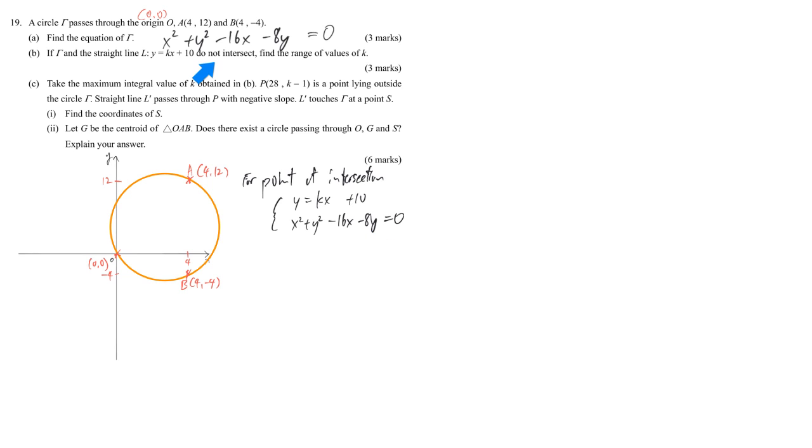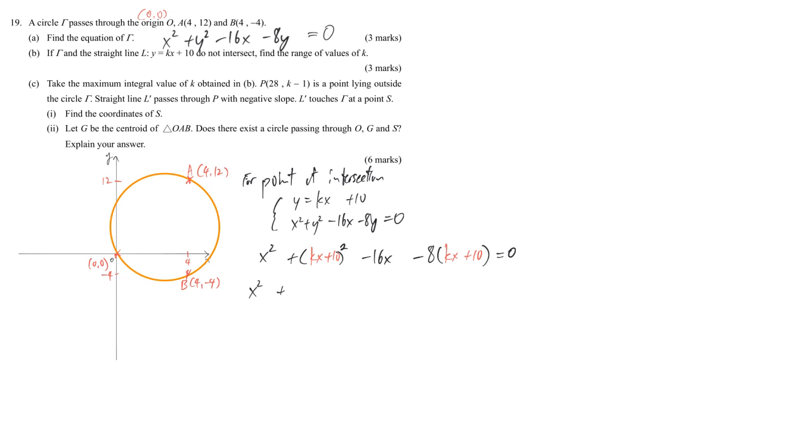And we are going to use the fact that it does not intersect, that means we can't find any real solution for the quadratic equation. Let's recall our memory about the discriminant, delta equals b squared minus 4ac. So let's substitute first. x squared plus something minus 16x minus 8 times something equal to 0. That something is kx plus 10.